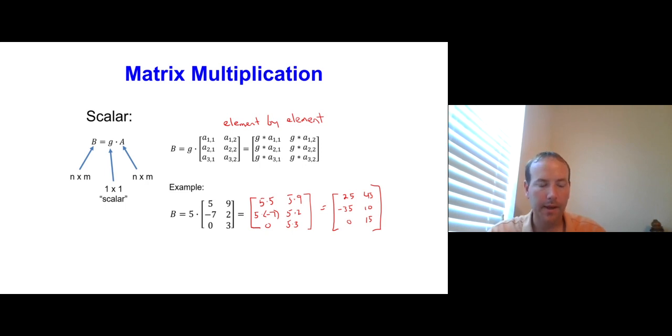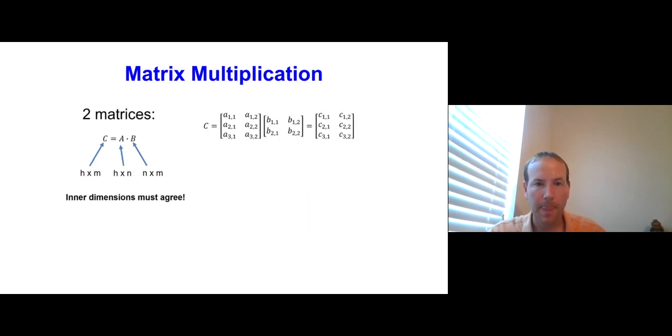What if we want to multiply a matrix by a matrix? That's what's called a matrix multiplication. The basic idea here is that it's a little bit trickier, but we're going to explain how that works. The first thing to notice is that in order to do the multiplication, the inner dimensions need to agree.